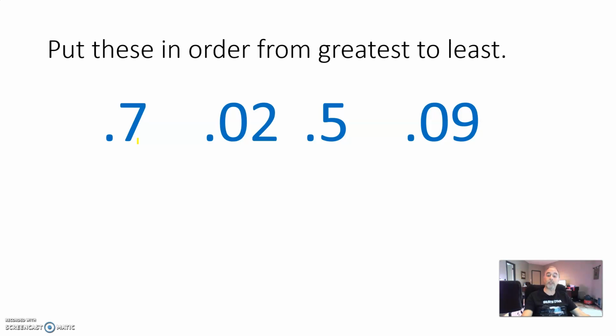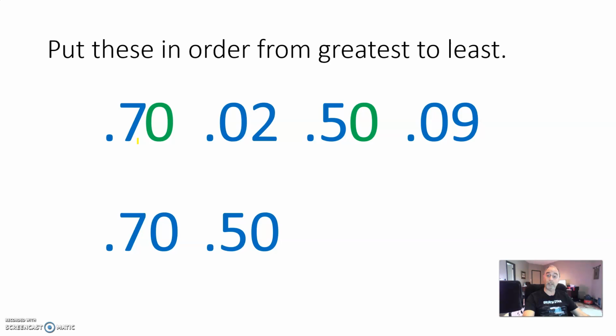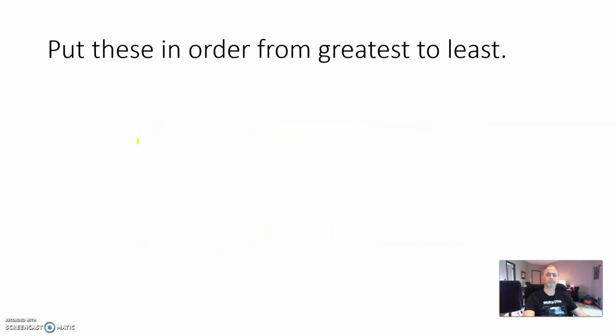So 7 tenths is going to become 70 hundredths. 5 tenths, 50 hundredths. So, which one's bigger? That's right, 70, followed by 50, followed by 9, followed by 2 hundredths. See, you got this. This isn't hard.